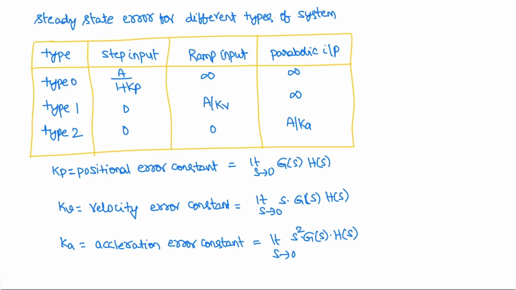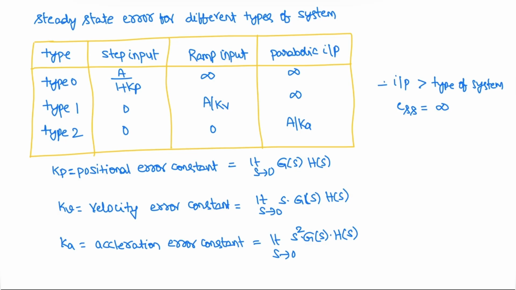From this table, if input is greater than the type of system, then steady state error is infinity. For type 0 system, ramp input is higher. For type 0 system, parabolic input is higher.